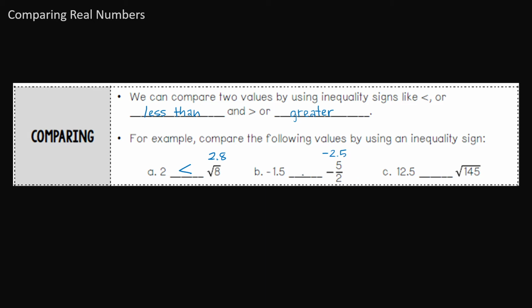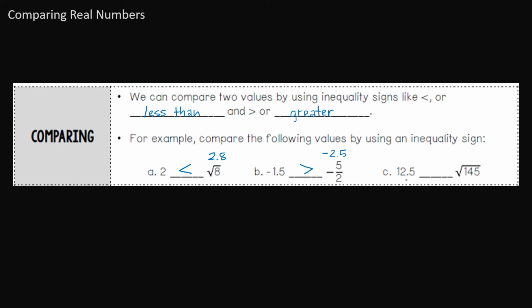I know that the farther away from 0 you are with negative numbers, the smaller the number gets. So negative 1.5 is actually greater than negative 2.5.